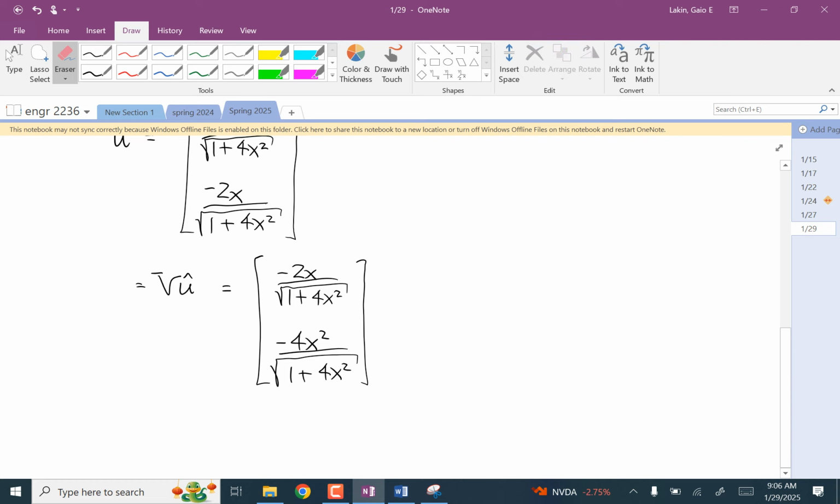So that's the velocity vector as a function of x. Any questions about that one? Any other homework questions you want to see? Okay.